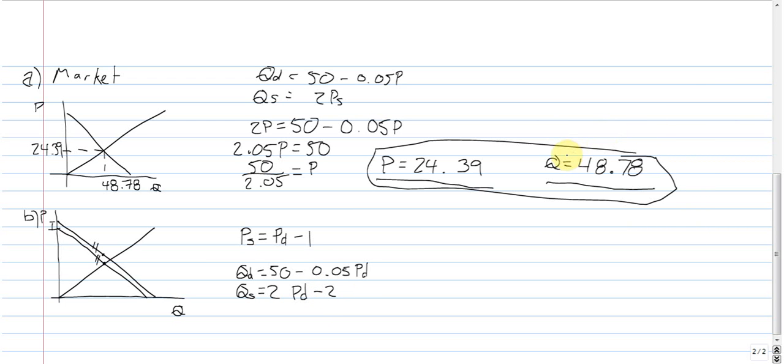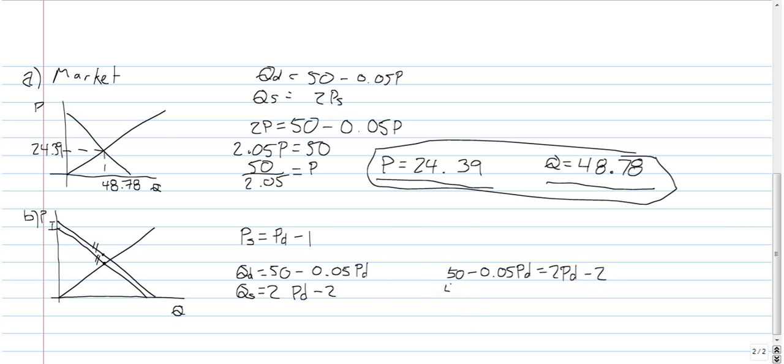Now we can use the same rules that we did before because we're working with one price, and we're still going to be working with one quantity. So 50 minus 0.05 PD equals 2 PD minus 2. Let's subtract both of these off.